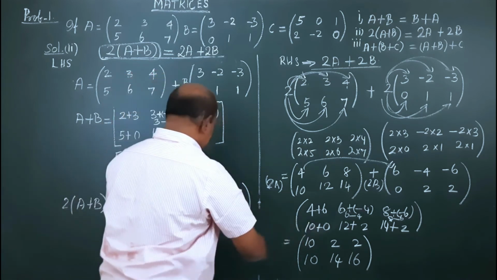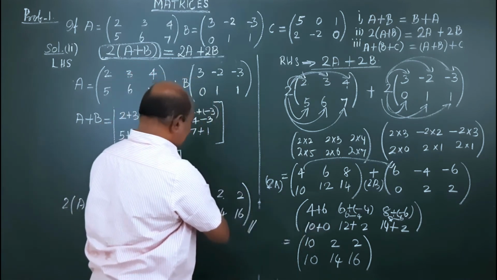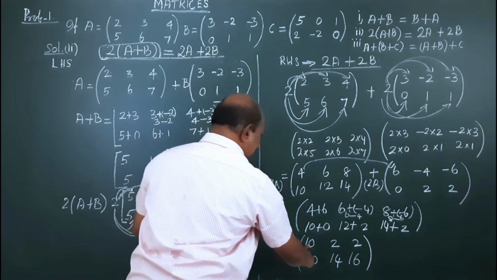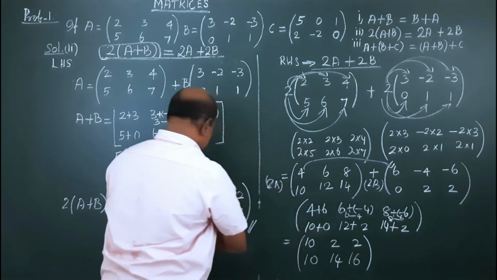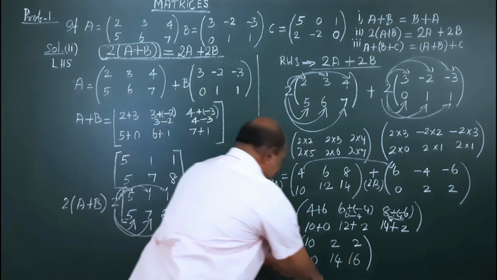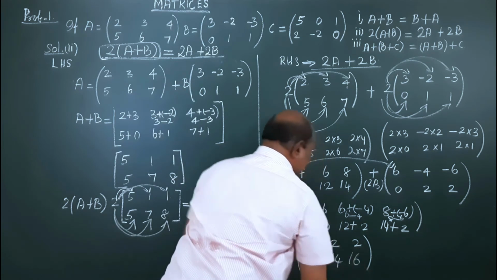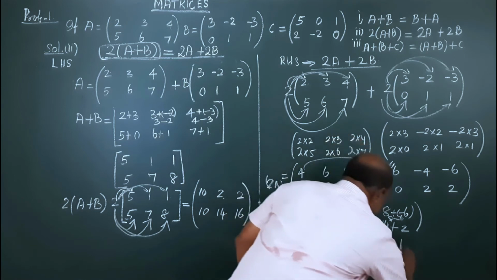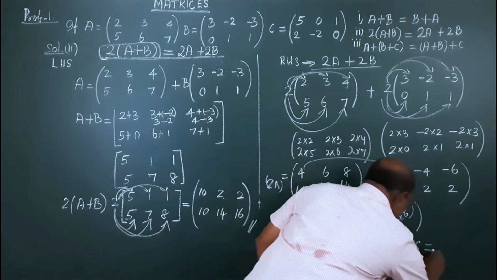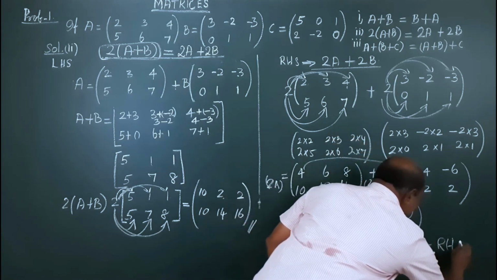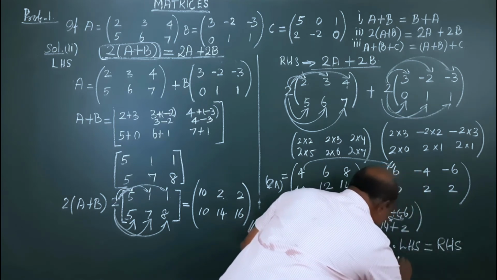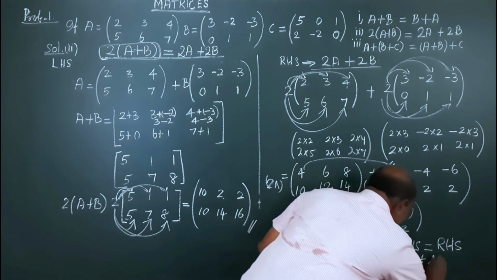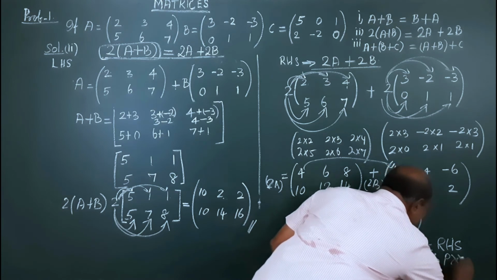Here you look here. Here 10, 2. Here also 10, 2. 10, 14, 16. 10, 14, 16. Therefore, left hand side equal to right hand side. Hence, it is proved.